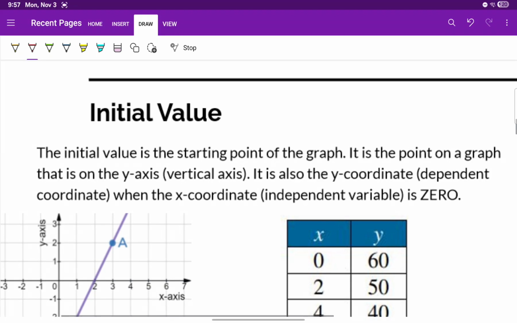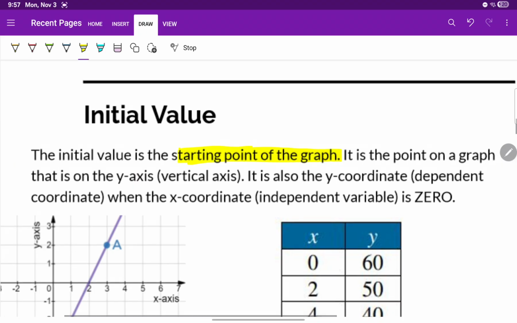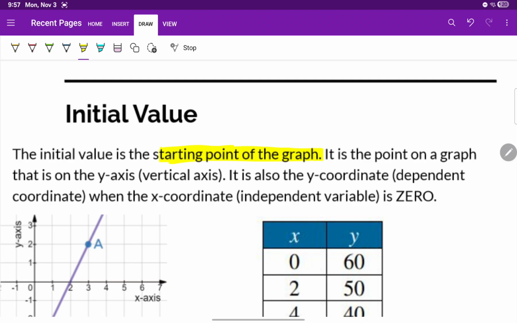Now we're going to talk about initial value, which is one of the key terms, definitions that you have on your sheet. You can copy that definition down now. If we need to pause the video, please feel free to pause the video at any point here. The initial value is the starting point of a graph. It is the point on a graph that is on the y-axis.